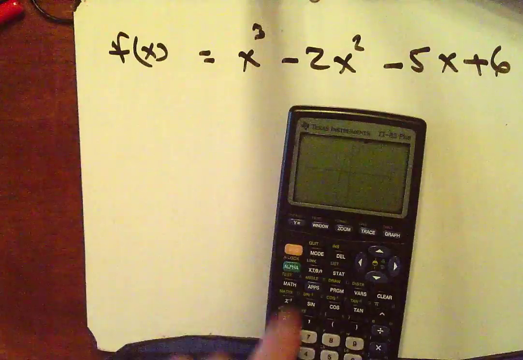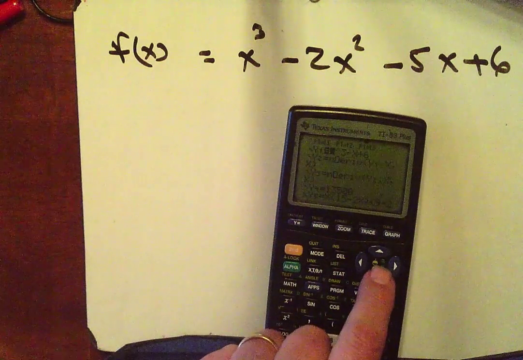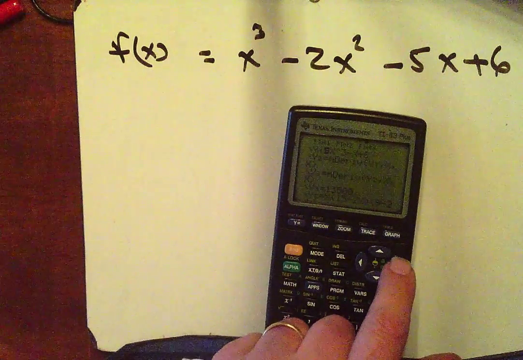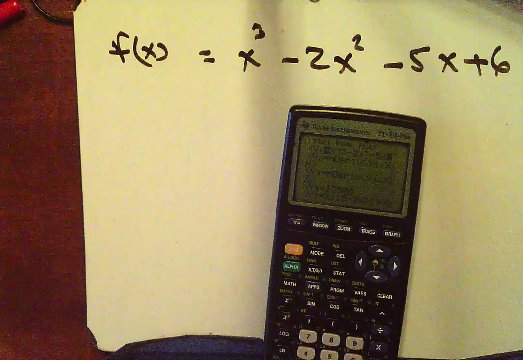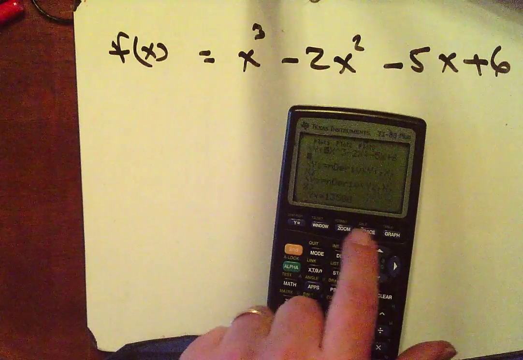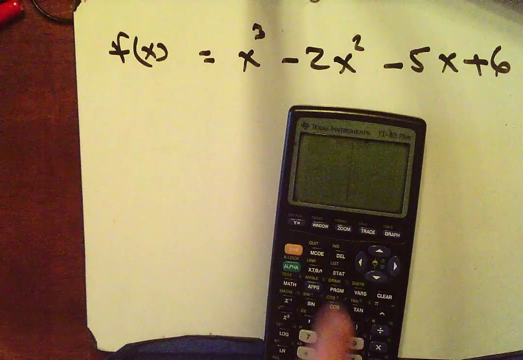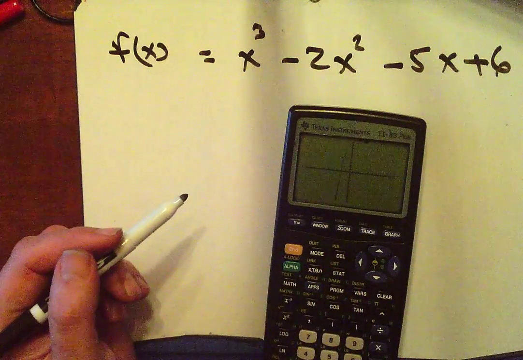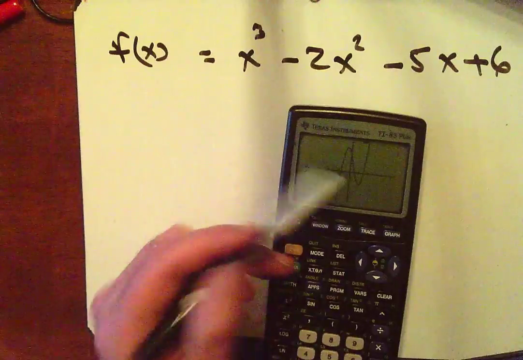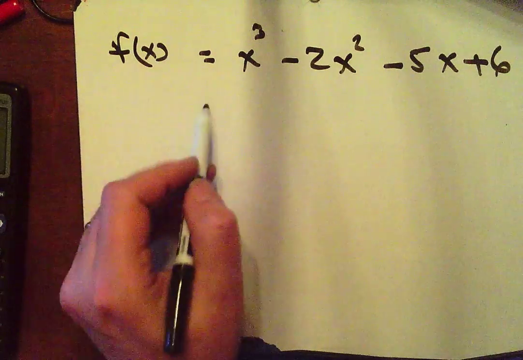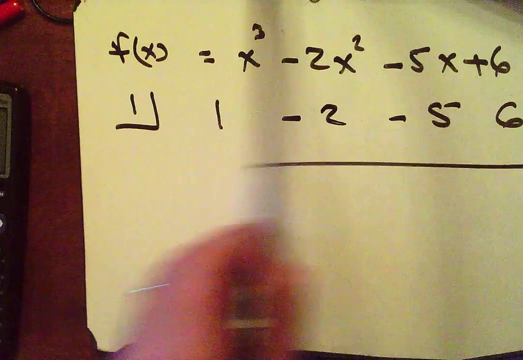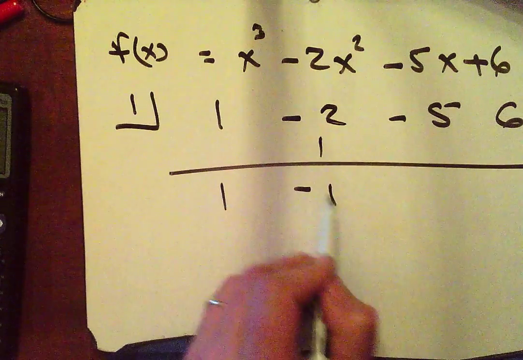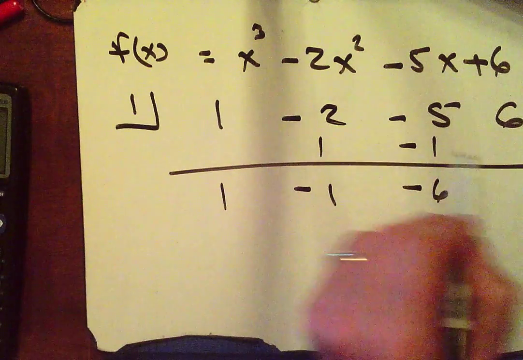So I'm going to pull out my calculator, and I'm going to graph x to the third minus 2x squared minus 5x plus 6, and see when I do zoom standard if I can see one of the x-intercepts. Negative 2, positive 1. Let's go with positive 1. 1, negative 2, negative 5, 6. 1, negative 1, negative 6.